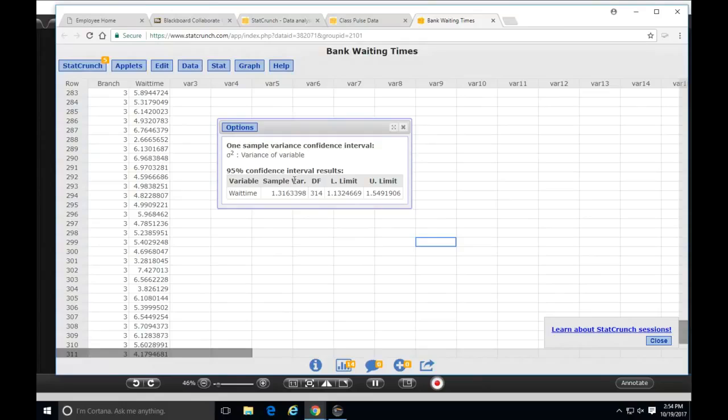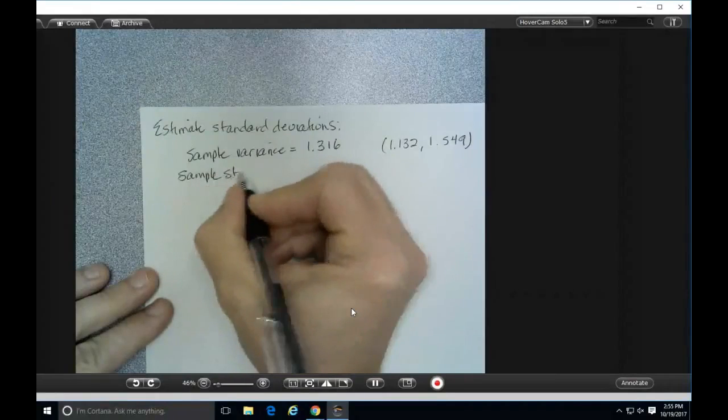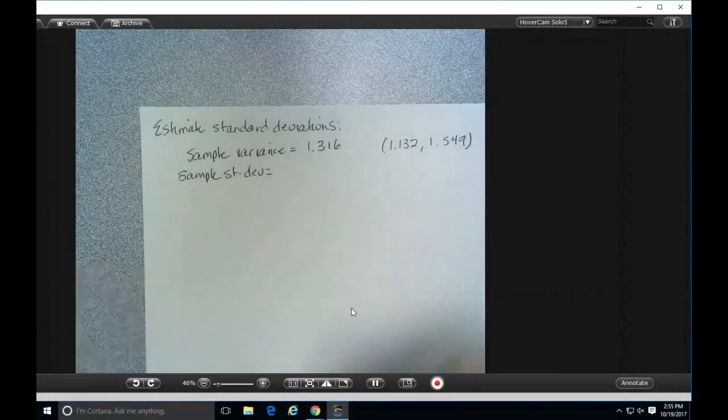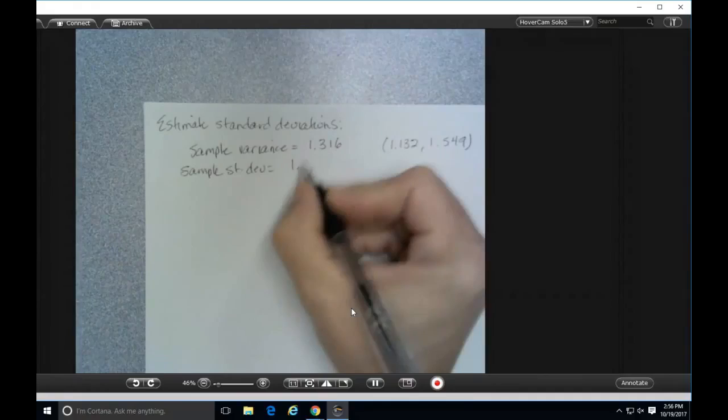So here's why this is a little bit difficult. You have to go in and take the square roots of all these things to get down to the standard deviation. My sample standard deviation would be the square root of this. So my sample standard deviation would be 1.15.